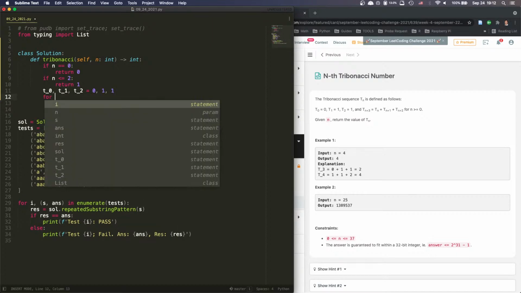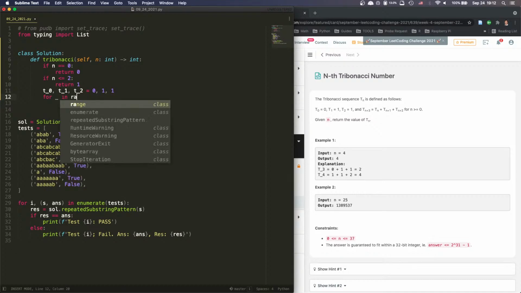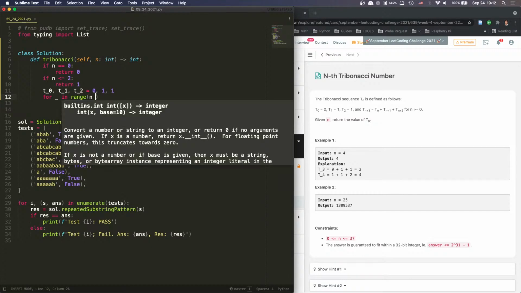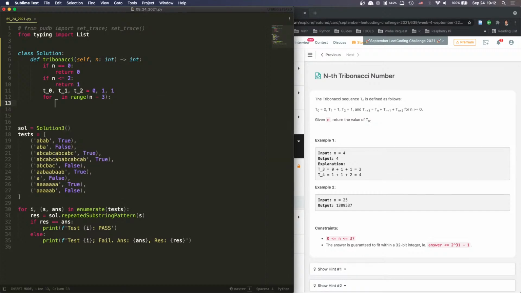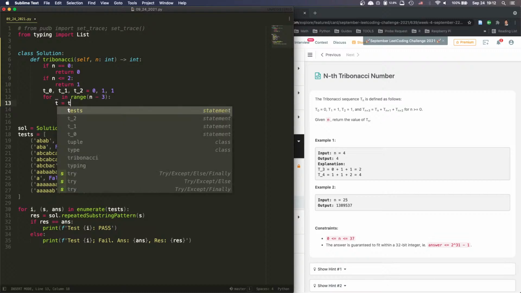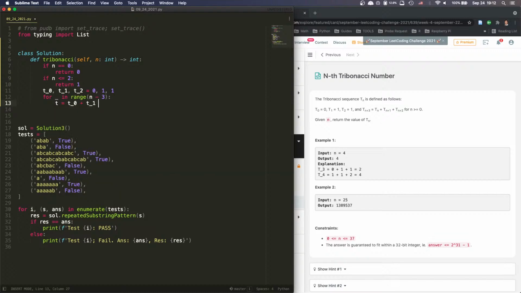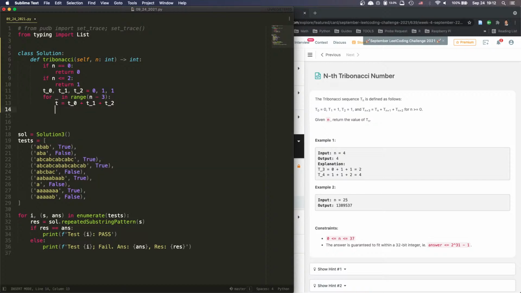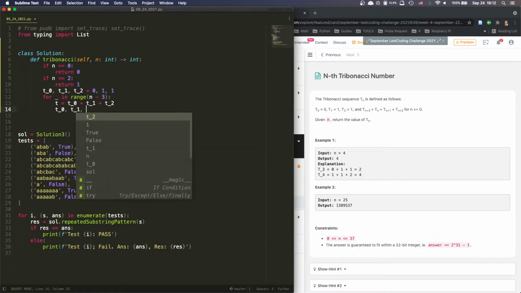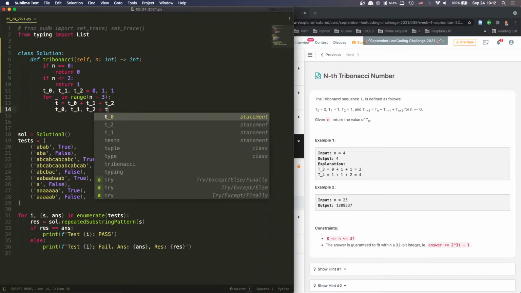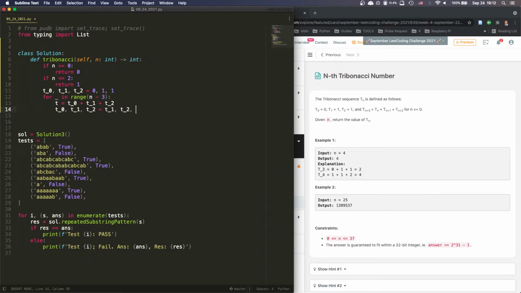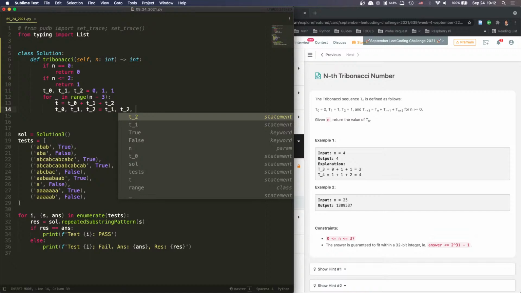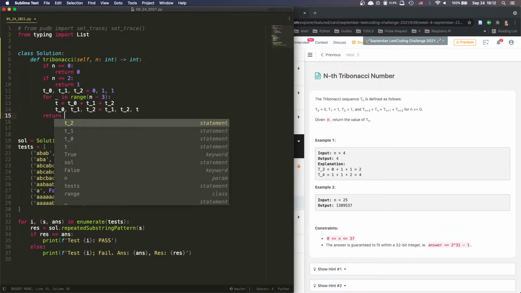Then for in range n minus 3, t equals t0 plus t1 plus t2. After that, we do t0, t1, t2 equals t1, t2, t. Well, t0 will be t1, t1 will be t2, and t2 will be t. And we're going to return t.